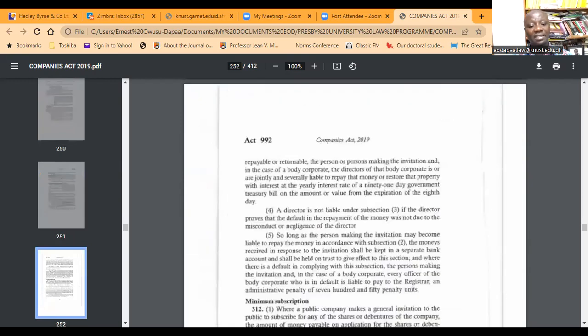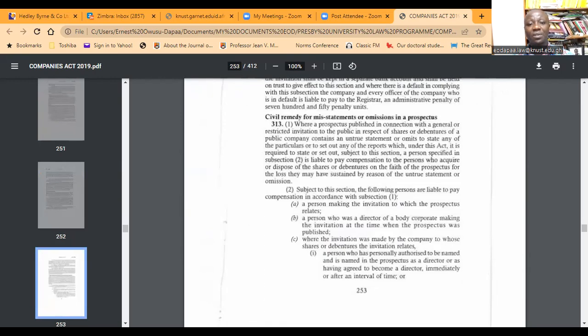And if you look at section 313, for example, it says civil remedy for misstatement or omission in prospectus. So misstatement or omission is the same as a misrepresentation in the prospectus.